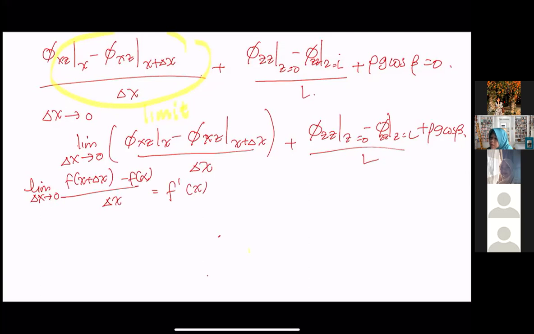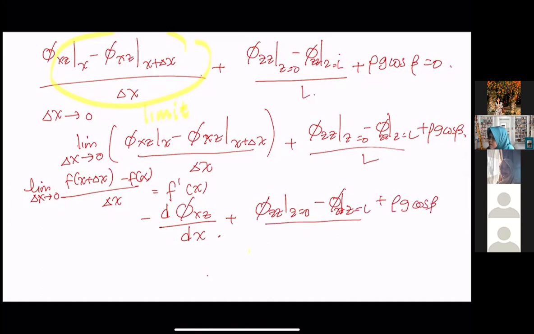So then here we get minus d C x z over dx, plus C z z at 0 minus C z z at L, divided by L, plus rho g cos beta, equal to 0. That one is the equation.